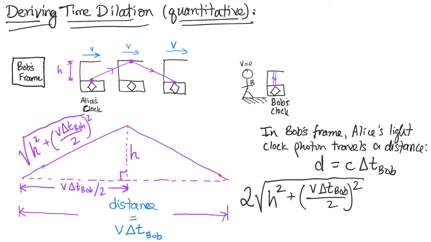We double it because the light has to travel 2 hypotenuses, and that's got to be equal to c delta t Bob. Okay, we've done the hard part in terms of the physics, identifying how to write the distance traveled by the photon. Now we have to turn the crank, and our goal here is going to be to solve this equation for delta t Bob. So we have it on both sides. We're going to have to square things and do some rearranging. So there's a bit of algebra coming, but we've done the hard part. We've done the physics. Now we have to turn the algebra crank, and we'll do that on the next page.